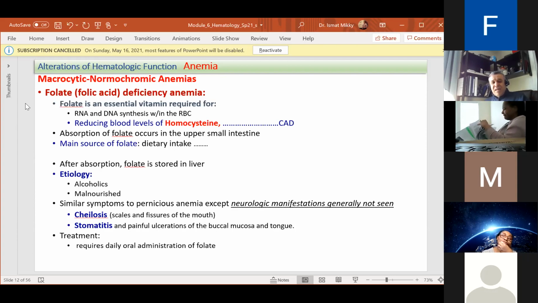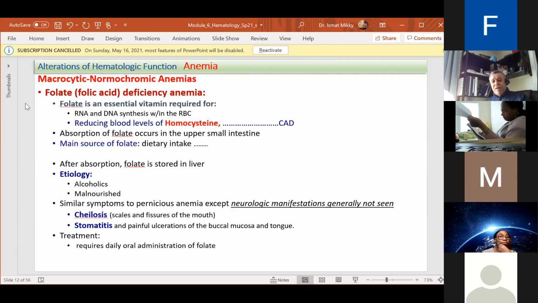But this type doesn't have anything to do with the intrinsic factor. So it's not dependent on any other factors for the absorption. And after absorption, the folate will be stored in the liver. Patients who would be at risk for folic acid deficiency would be alcoholics, malnourished.